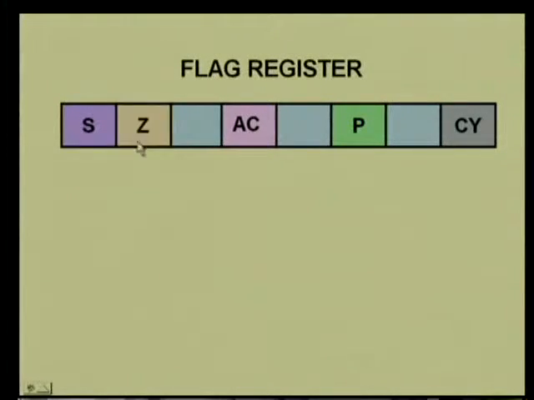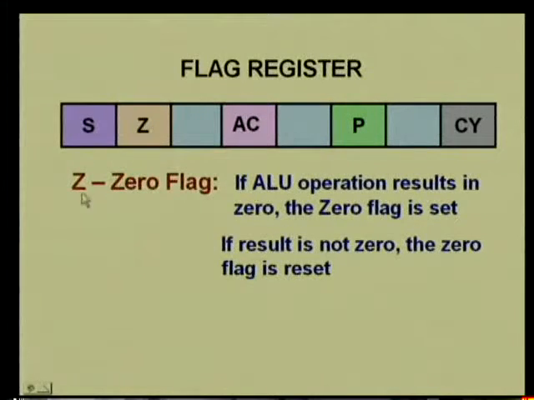Then let us see about the zero flag. The zero flag indicates whether, after an arithmetic or logical operation, the result is 0 or not. For example, if you take an 8-bit subtraction and the difference is 0, then the zero flag is going to be set, otherwise it is going to be reset.